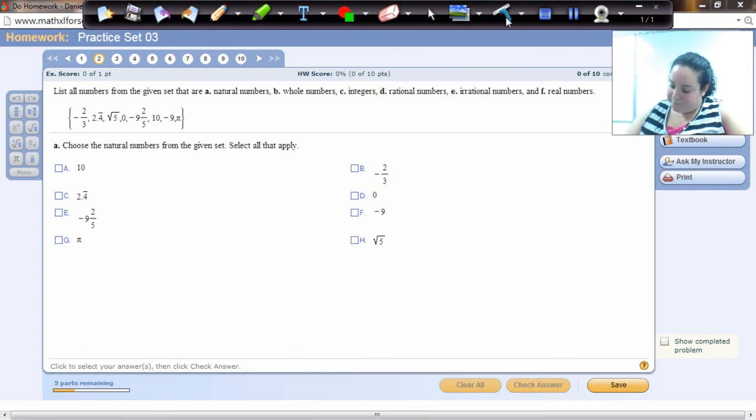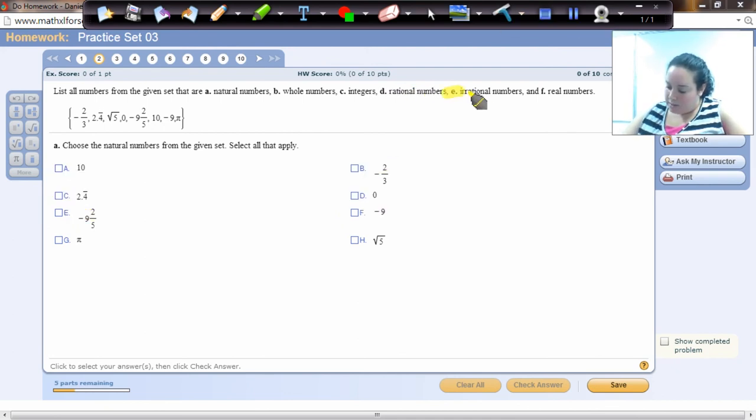What about the rational numbers? Rational numbers include all of the natural numbers and all of the whole numbers and all of the integers and numbers that can be written as fractions, mixed numbers that can be written as fractions, and terminating decimals or repeating decimals. Okay, so we have all the rationals.